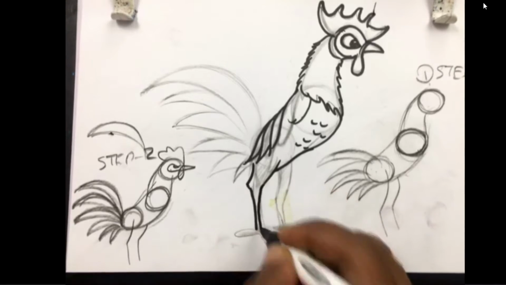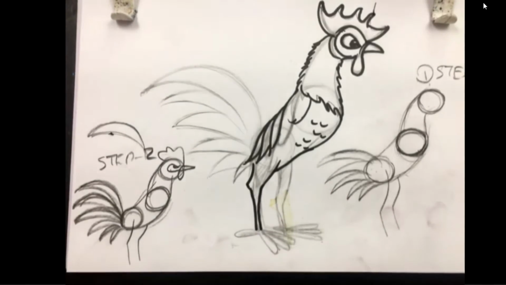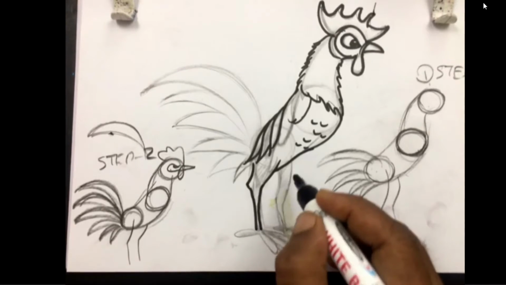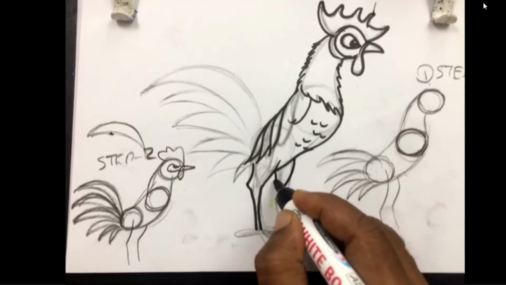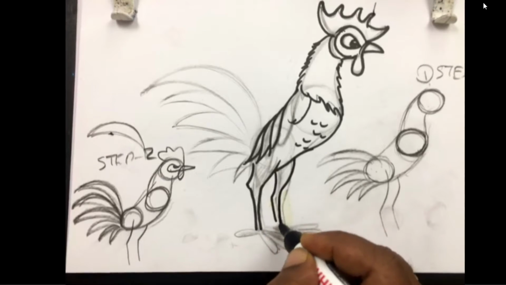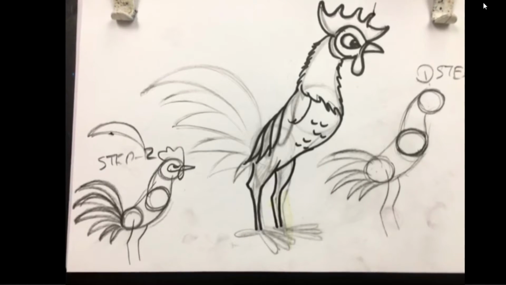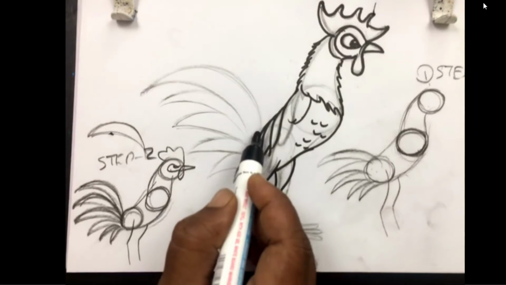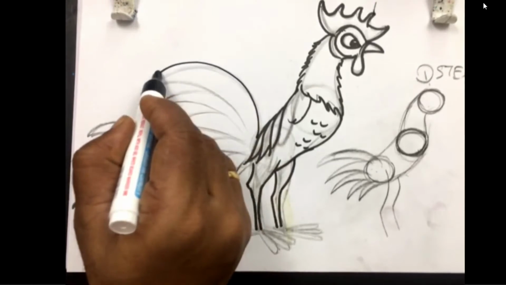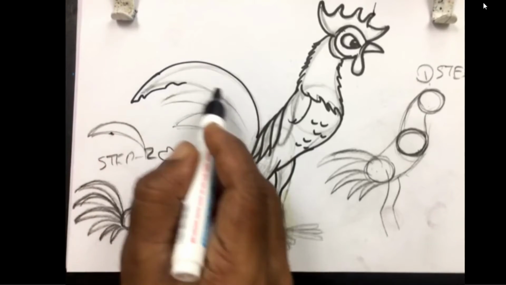This drawing, take time, slowly. Okay, how to make anywhere. Sorry, beta. Okay, this is also nice. Anywhere, if you are facing any problem, any issue, you can tell me.